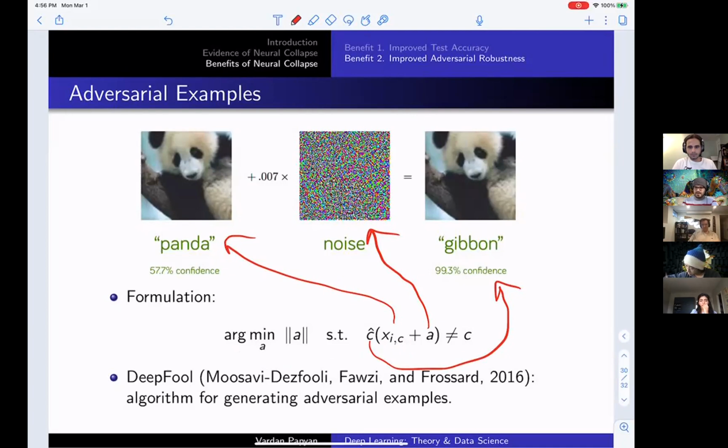And our goal is to find a perturbation that would minimize some norm, for example, the L2 norm. So you want to find a small perturbation. And we've seen in the lecture this DeepFool algorithm.